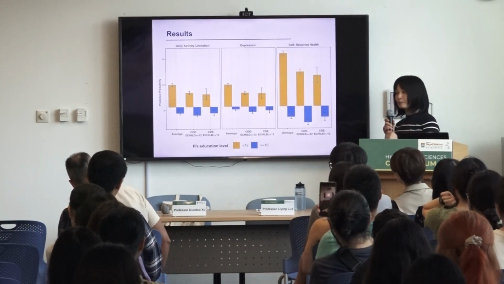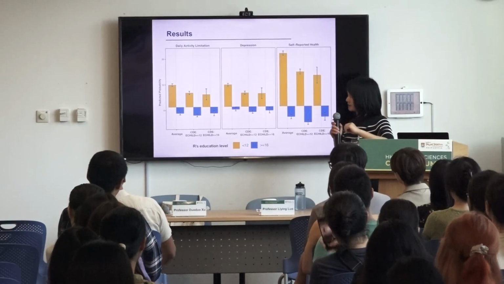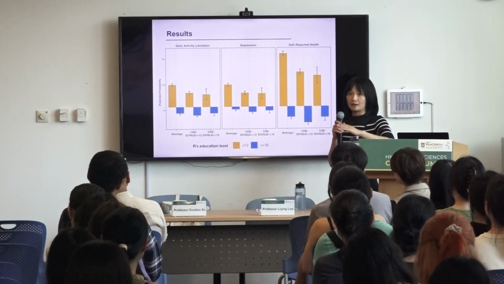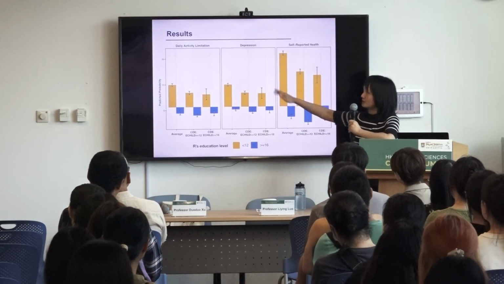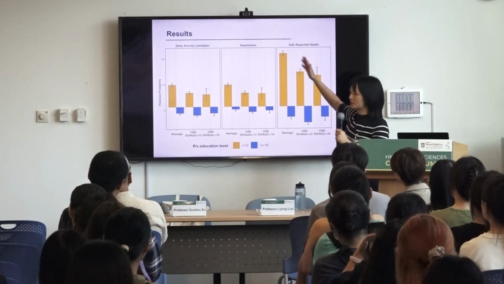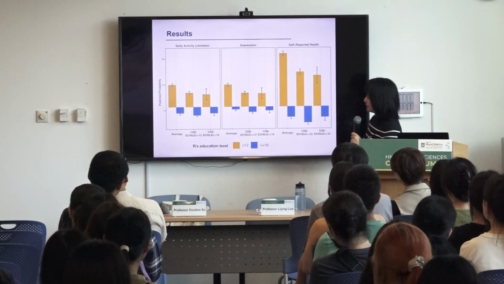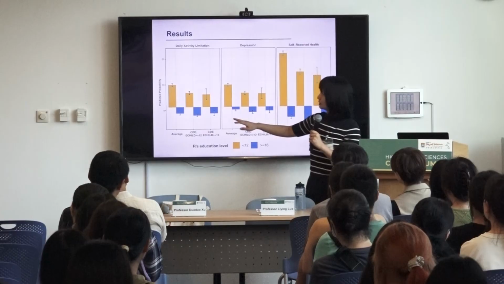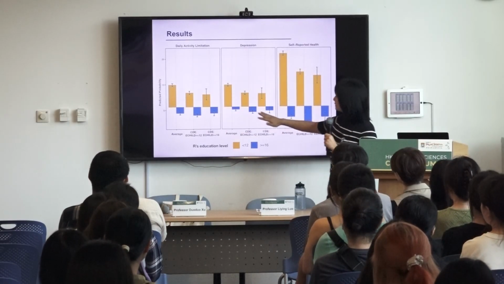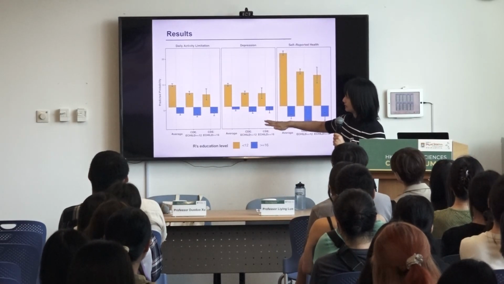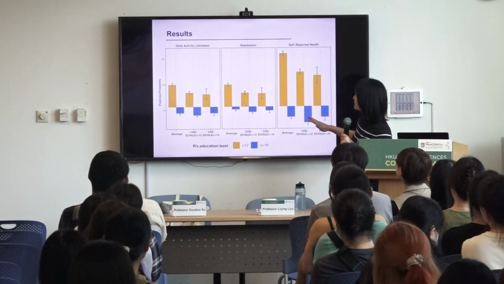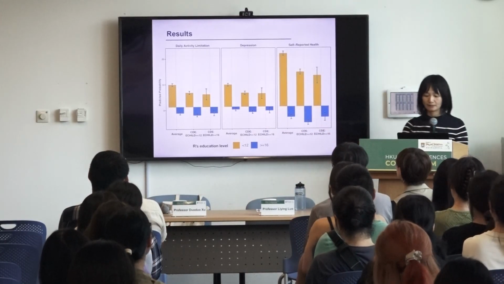So the health disparity reduction effects are also evident in all other outcomes, even though we use the same scale to just facilitate comparison. This is for the limitation in activities and the predicted probability for experiencing depression and self-reported health.